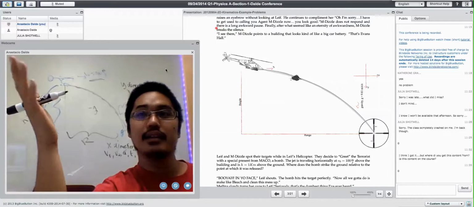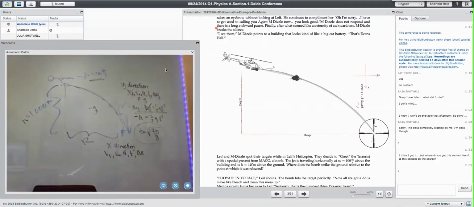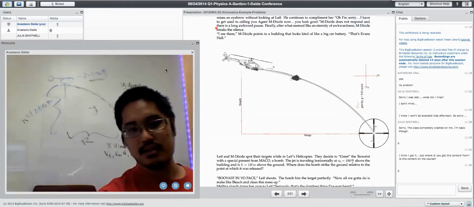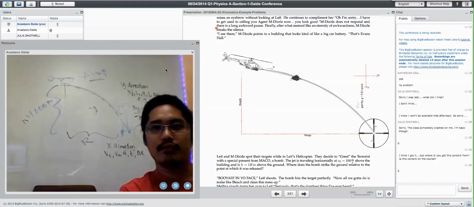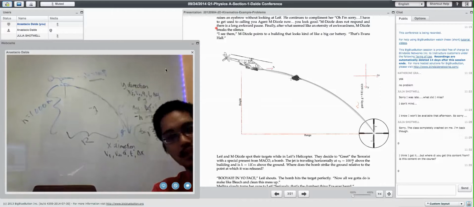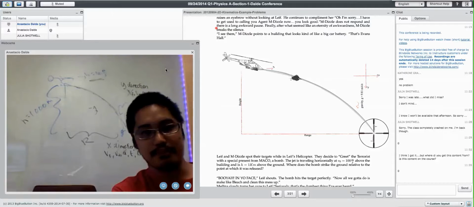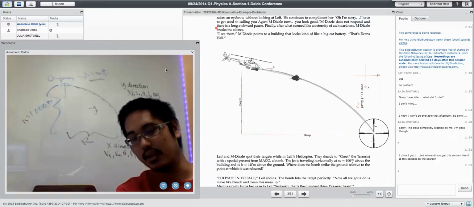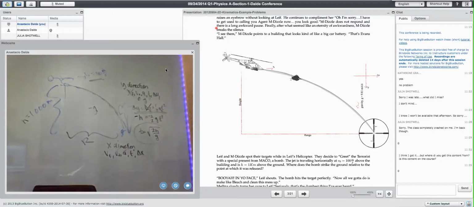Does it not slow down though? We're assuming there's no air resistance. To be honest with you, I don't even know if I can teach you the physics using air resistance in high school. But I can teach you the idealized motion that all of these equations are based on. So no, it doesn't slow down. It actually stays at a constant velocity.